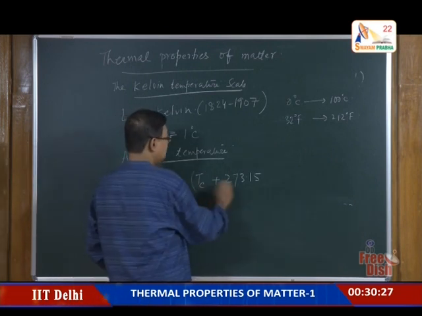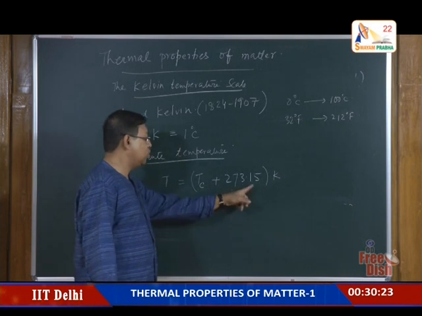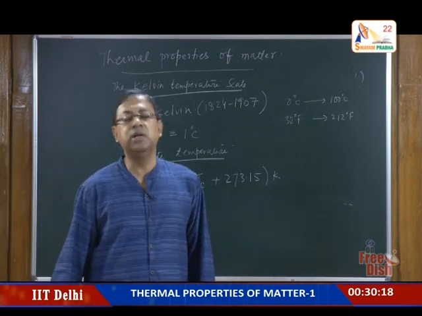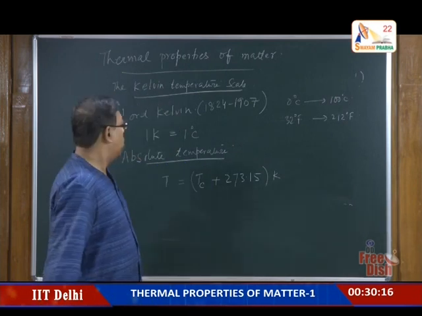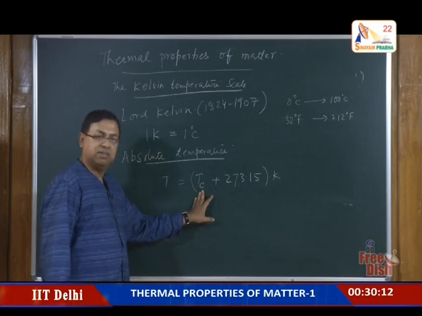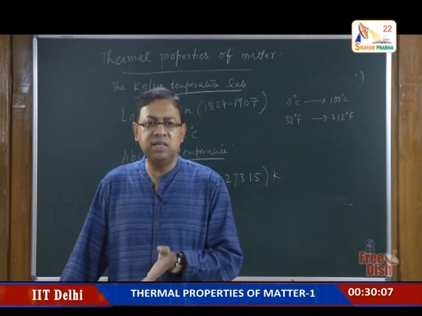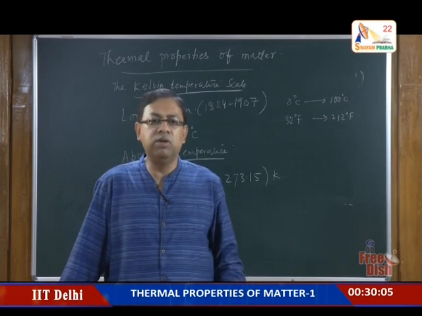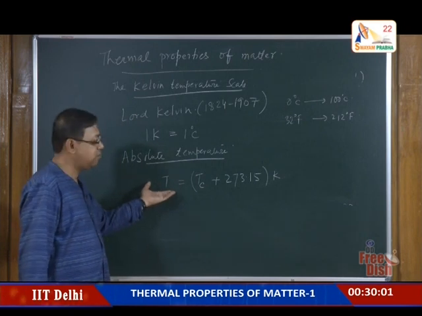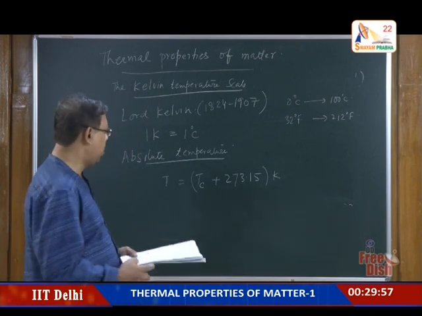So, this is in Kelvin. 273.15 Kelvin is the ice point in the Kelvin scale of temperature, while the steam point is 373.15 Kelvin. And since we know the relationship between the Fahrenheit and the Celsius scales, we can also convert the absolute or Kelvin scale of temperature to its Fahrenheit counterpart. Usually that is not required.